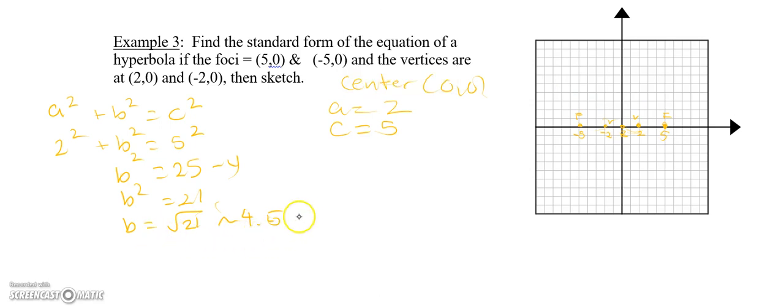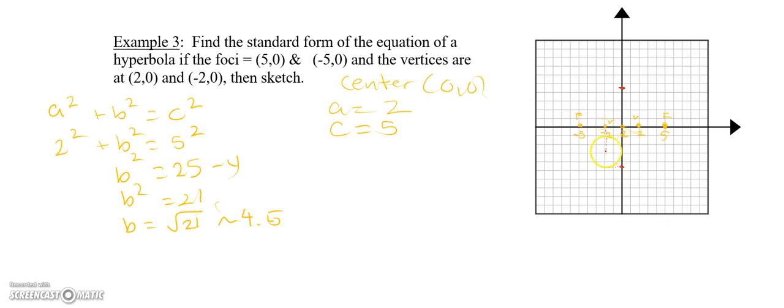So b is 4.5, so I'm going to go from the center up 1, 2, 3, 4.5 points, and then I'm going to go down 1, 2, 3, 4.5 points. And those are the endpoints of my axis, which is going to help me draw my AB box.